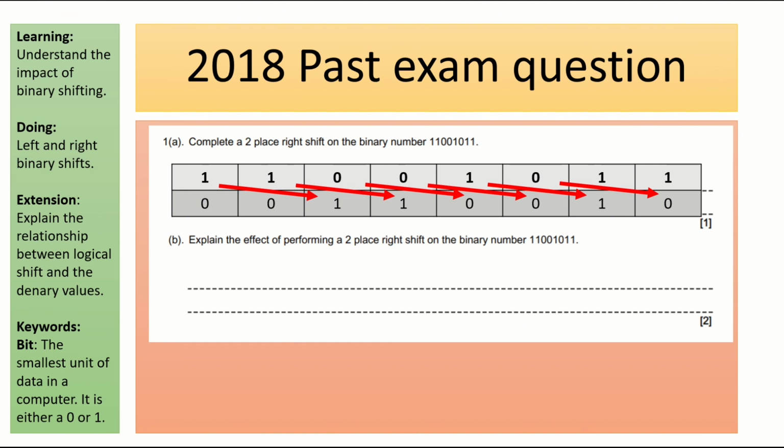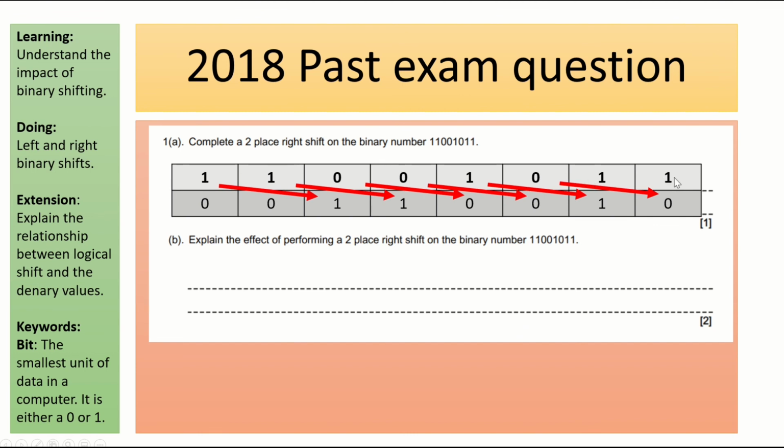So it says explain the effect of performing a two-place right shift on the binary number 11001011. So it's the same number as in the first part of the question. So all they want you to do is to demonstrate that you understand that when you move to the right, you're dividing the value. So here we had 128 plus 64 plus 8 plus 2 plus 1.